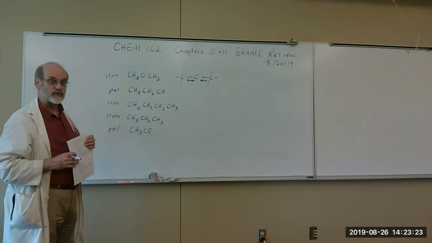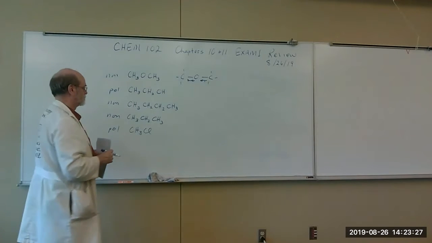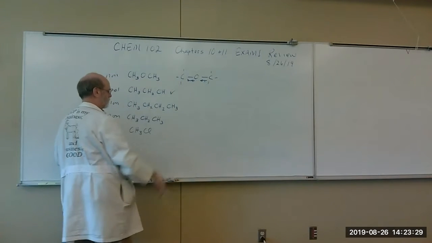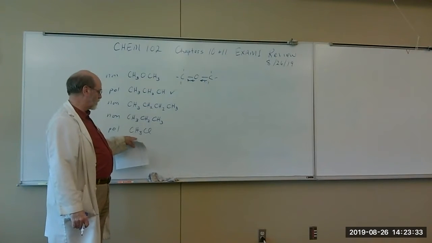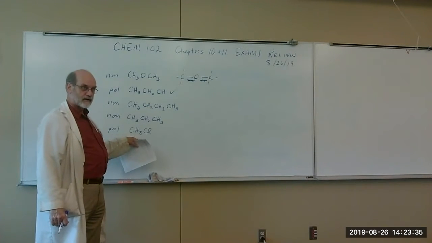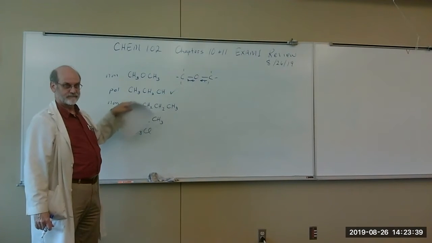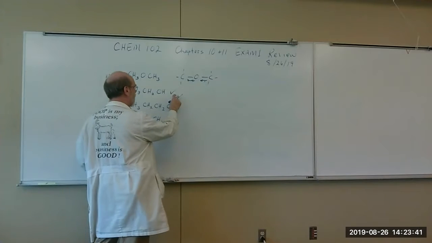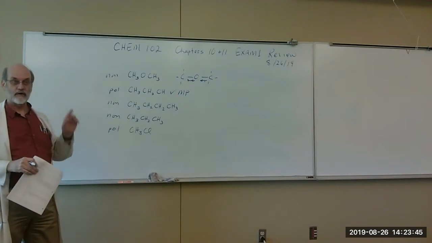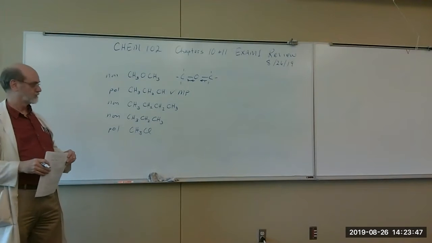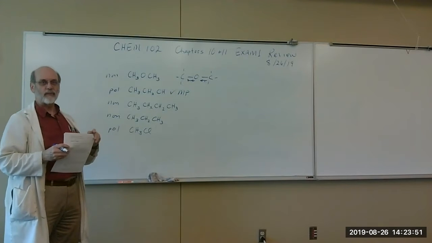So which one has hydrogen bonding ability? That one. Chloroform is polar, but it's not as polar as ethanol. So this one has the highest melting point because of the hydrogen bonding. Polar, but at the upper end of polar.